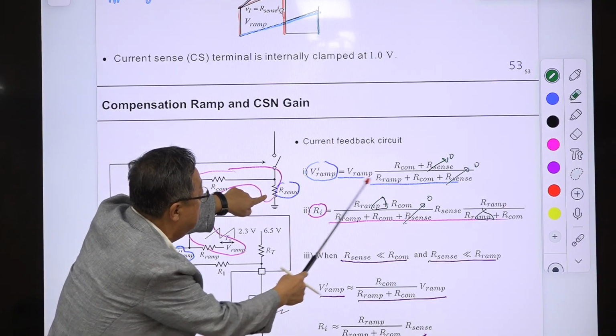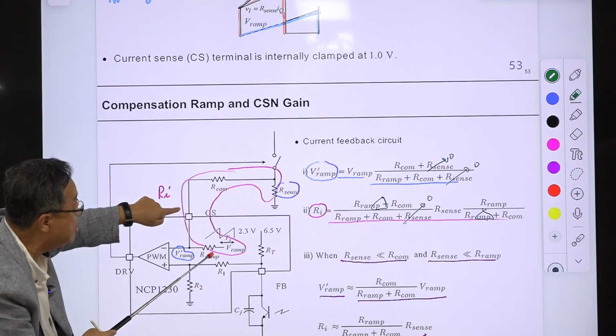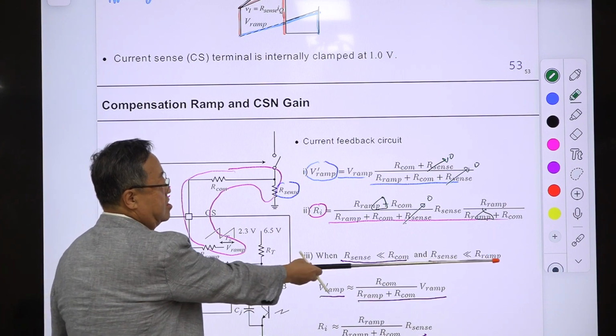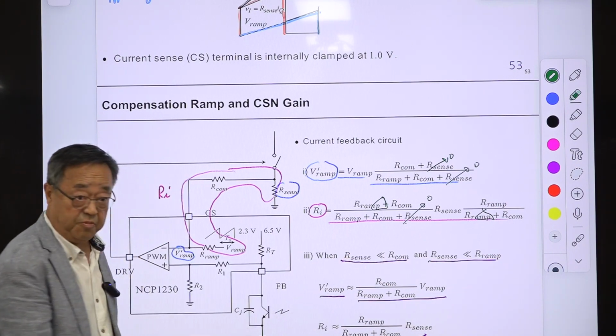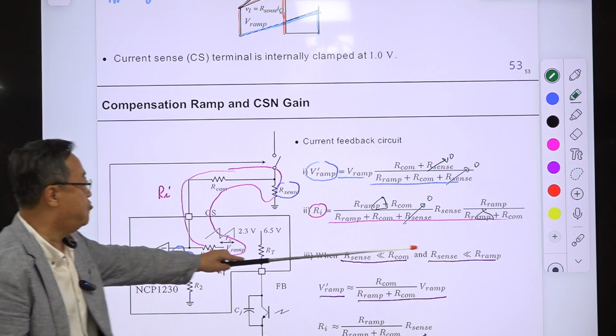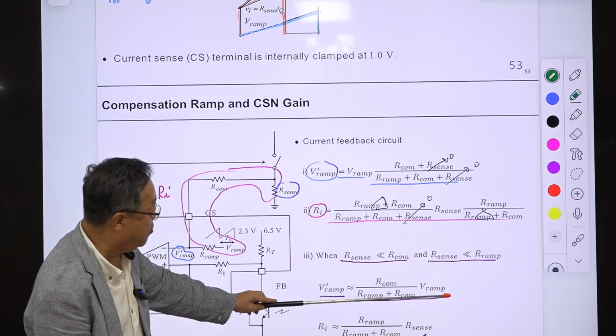So this is the voltage. That voltage is divided by this and this. So this is the voltage division. And with this assumption, R sense is very small. Otherwise, it gets hot. Okay, that is a problem. Then this is obviously satisfied. This is the simplified equation of effective lamp.